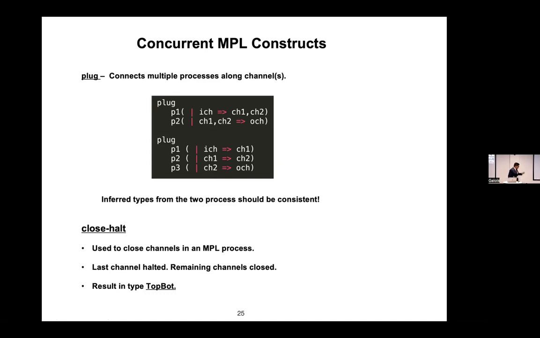A pair of concurrent MPL commands that we have are close and halt. In MPL, you always close a channel before you stop the process. By convention, you close all the channels and halt the last channel. Both close and halt result in the type topbot, standing for top and bottom.